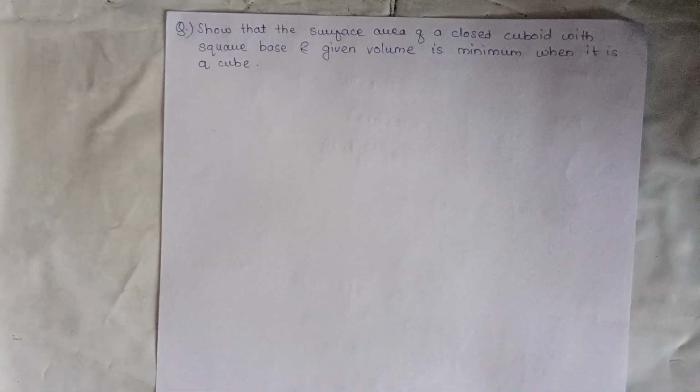Show that the surface area of a closed cuboid with square base and given volume is minimum when it is a cube. Okay, so here surface area is there, volume is there.